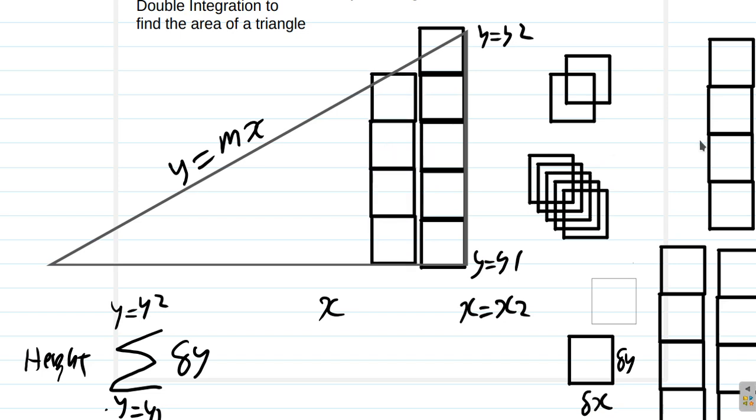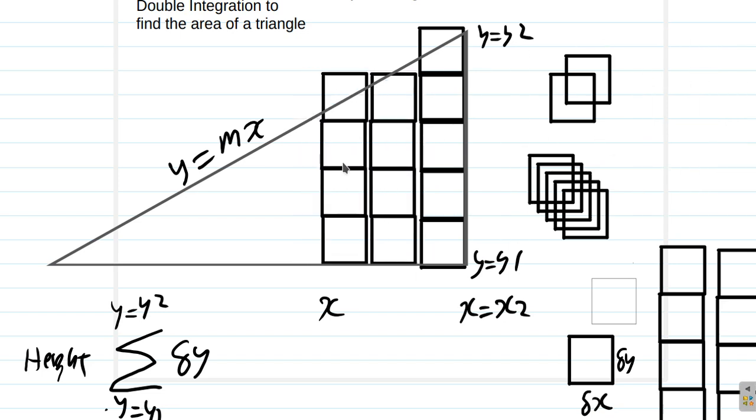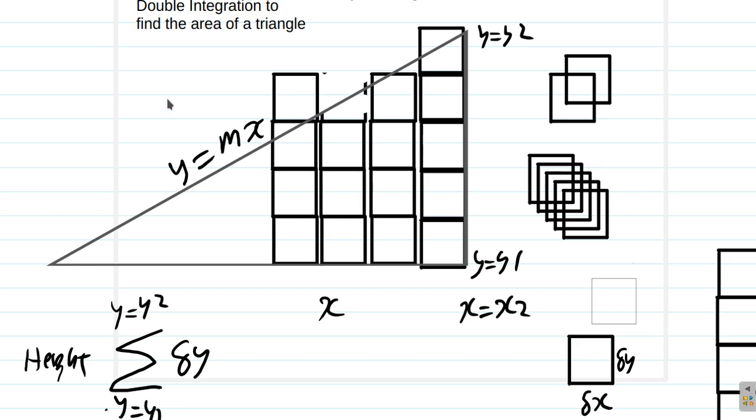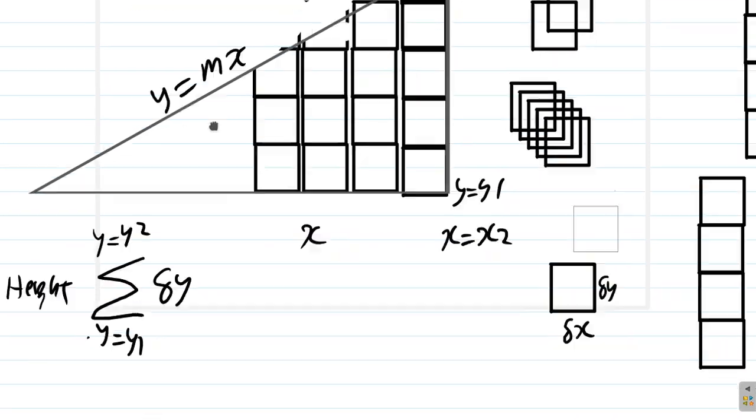So we have another one here, another one here. We could get rid of one of these squares. And then we have our next one here. So we're piling them up sideways now.